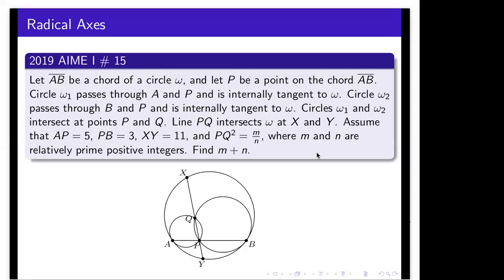So what synthetic observations can we make about this diagram on the front page? We have these three circles and they intersect or are tangent as shown.